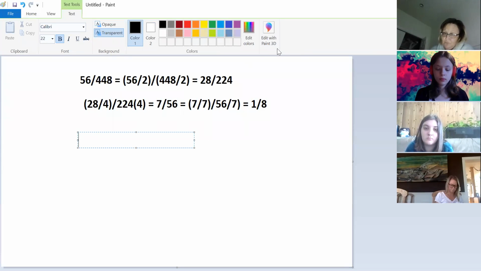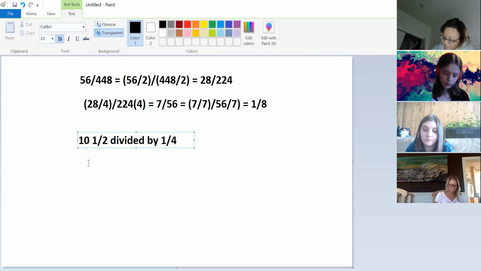Okay. Look at the whiteboard. So that particular one, we said it was 10 and 1/2 divided by 1/4, right? So we said to do that, we could go ahead and flip. But we want to turn that 10 and 1/2 into an improper fraction.